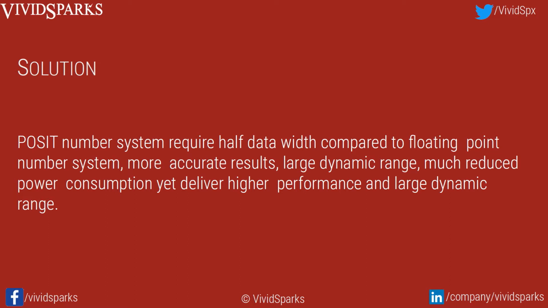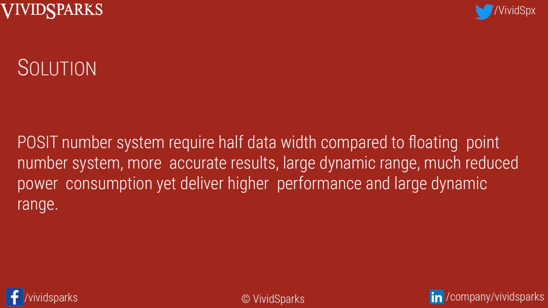For FP32, floating point single precision, approximately 32-bit, here you require 16-bit. If you want to compare with double precision accuracy, POSIT requires 32-bit compared to floating point 64-bit. So there are a lot of advantages in the POSIT number system.